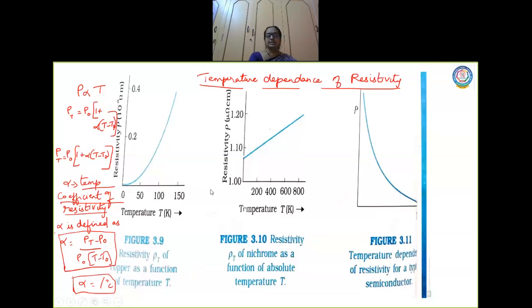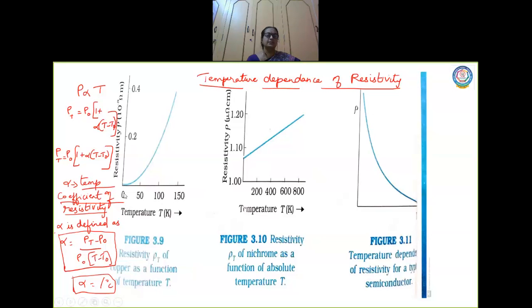Now this is a graphical representation for an alloy. As I told you, nichrome, here they have explained for nichrome. Actually for alloys, there also exists a non-linear region. Now this is a linear region, where the graph is a straight line, but this starts with some basic value of resistivity. Are you able to understand?